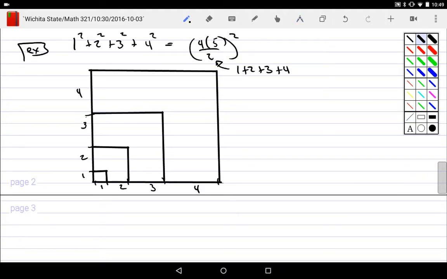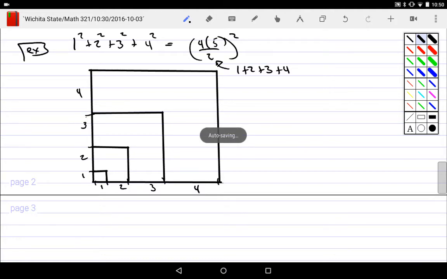Now what happened is there was an old text. They didn't have algebra, they didn't have arithmetic, they didn't have this sort of symbology. What it said, and I think it was up to maybe 5 or 6, it would say the sum of the first 4 square numbers is the square of the 4th triangular number. Because 1 plus 2 plus 3 plus 4 is the 4th triangular number.